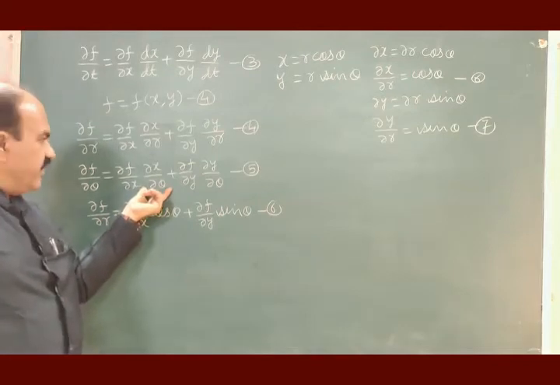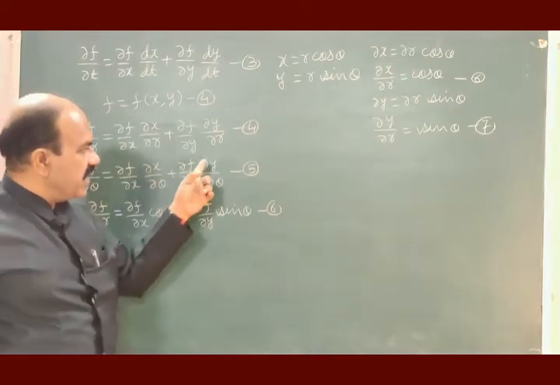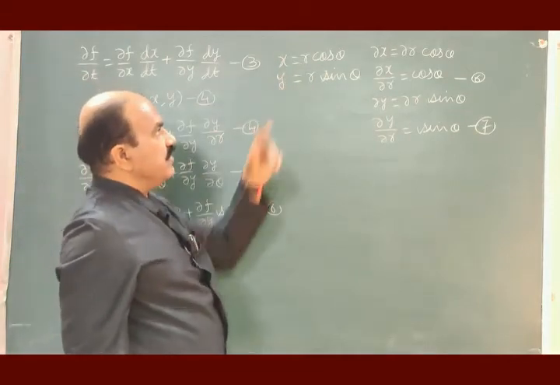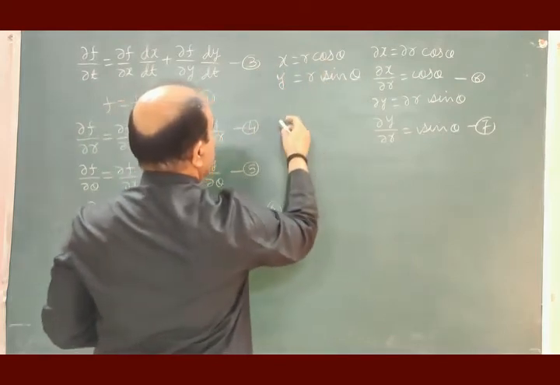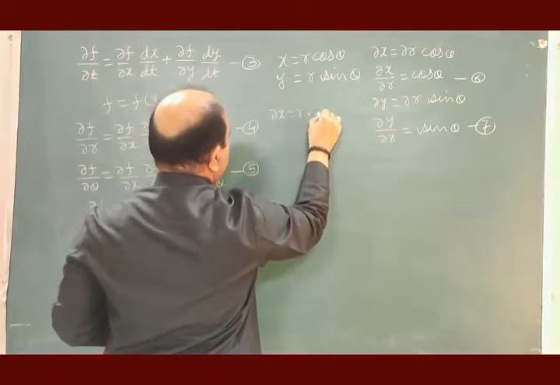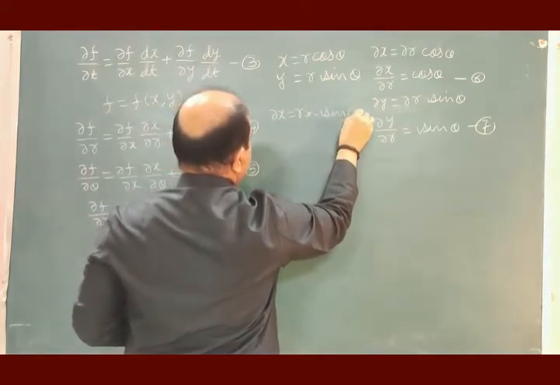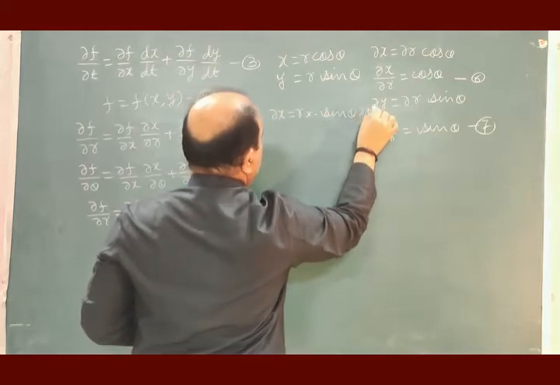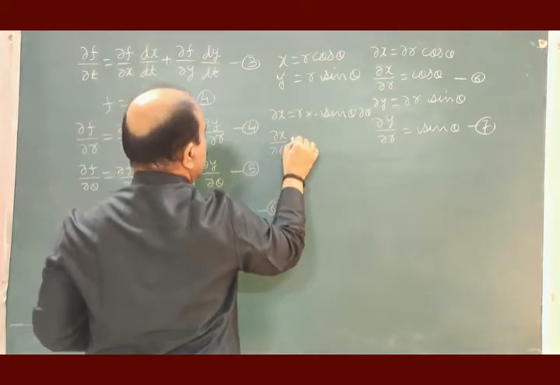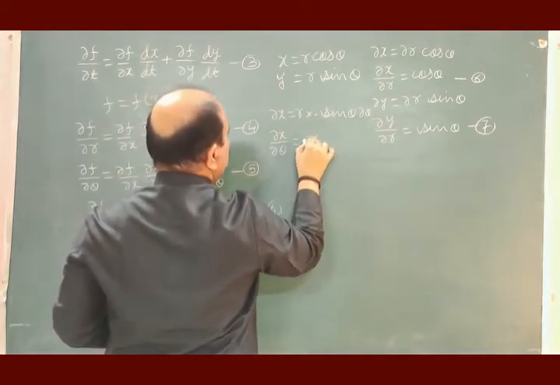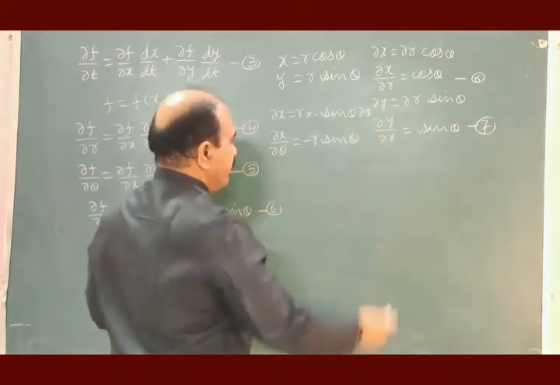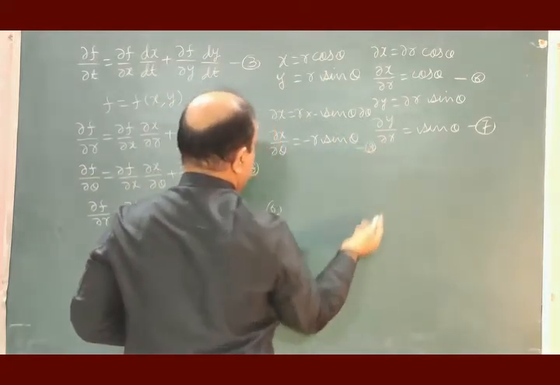Let us try to modify the term dou x by dou theta and dou y by dou theta. For that, again we go back to this equation, x is equal to r cos theta. That is, dou x is equal to r into minus sin theta into dou theta, or dou x by dou theta is equal to minus r sin theta, equation number 8.